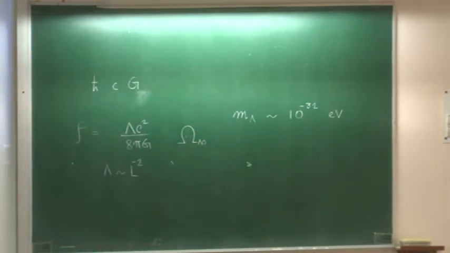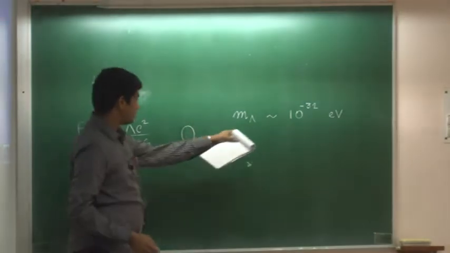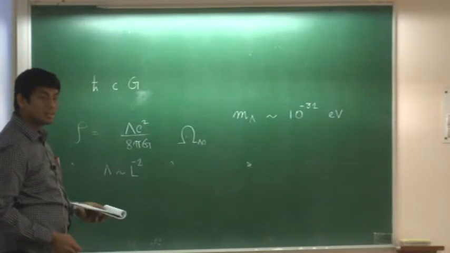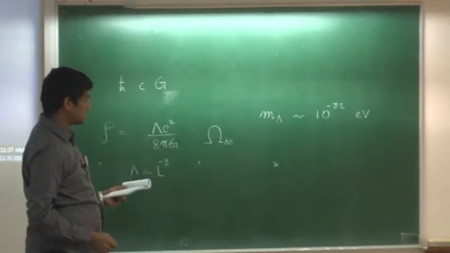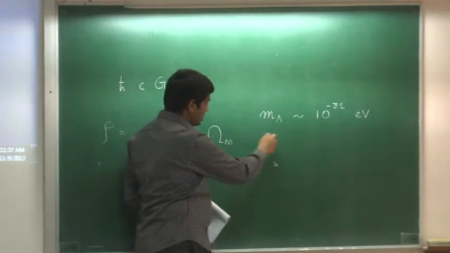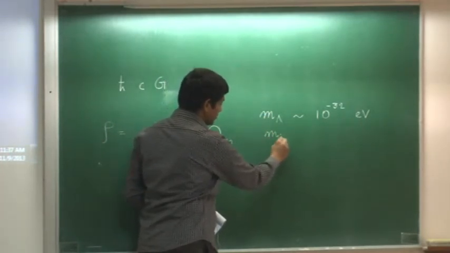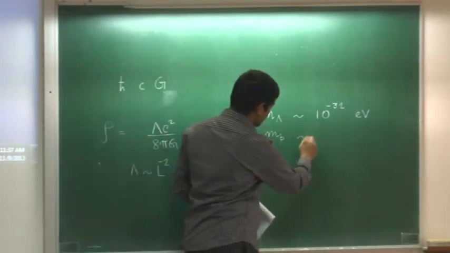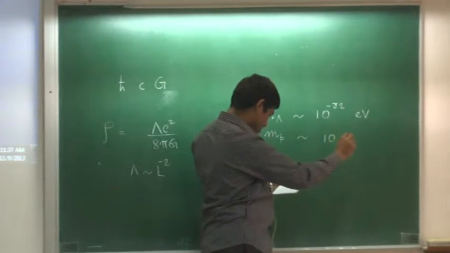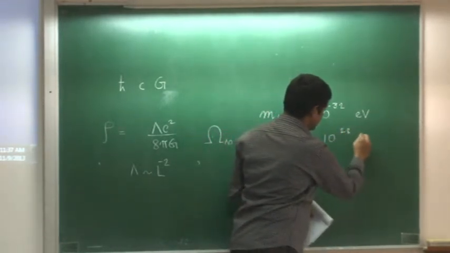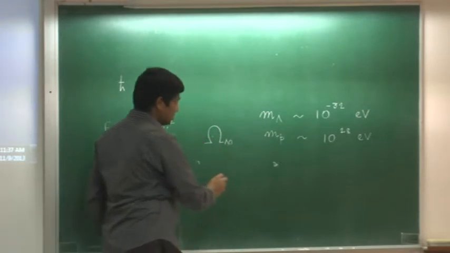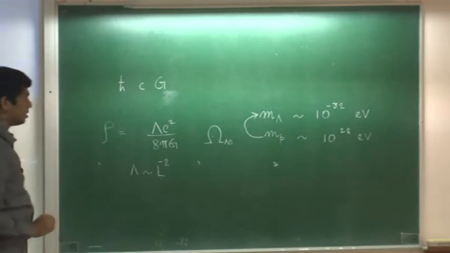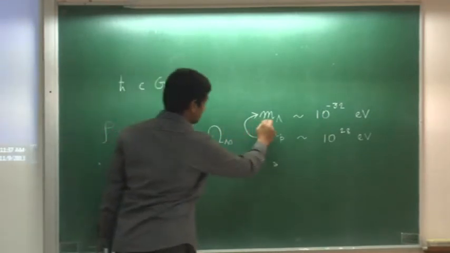And as I said, this lambda is believed to be a product of those vacuum fluctuations, and that happened at very, very small scales and in the very, very early universe, and at that time the relevant mass of these fluctuations is the Planck mass, which is of the order of 10 to the 28 eV. And what you are invoking is that these vacuum fluctuations have created a mass for lambda, which is this.